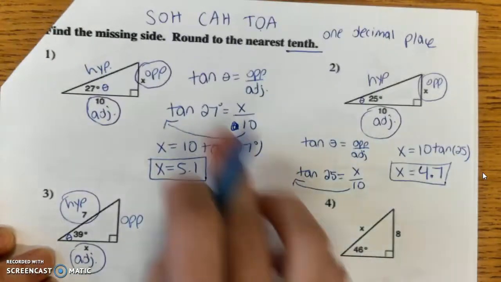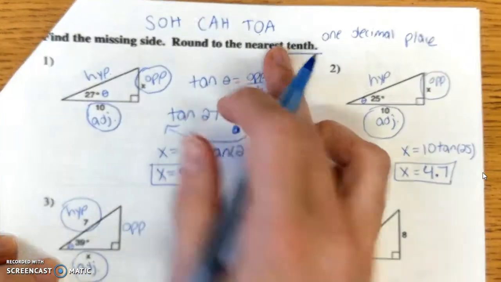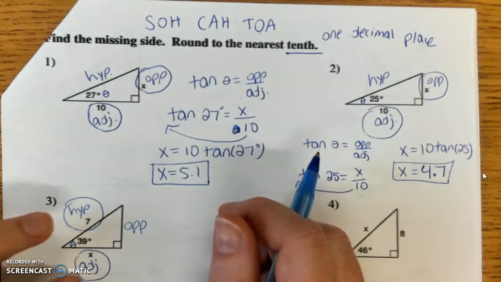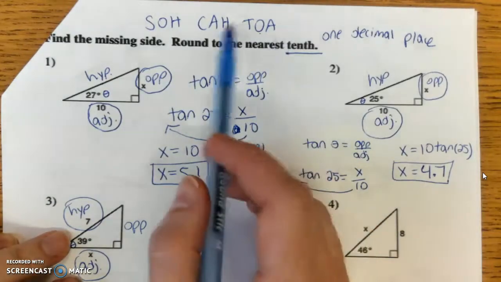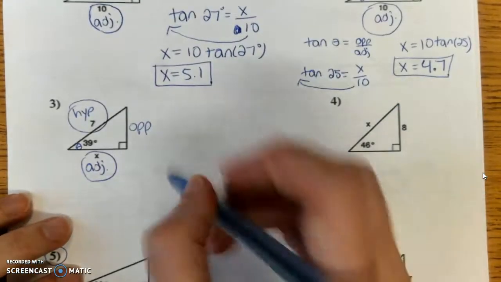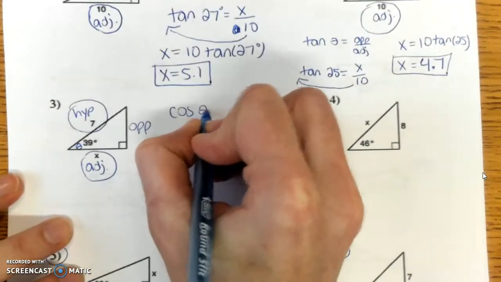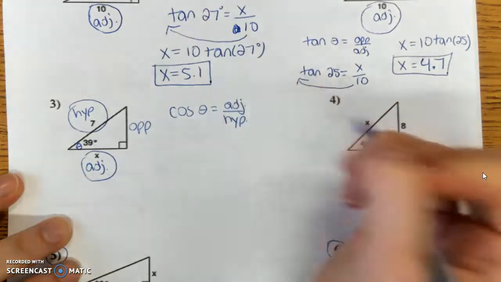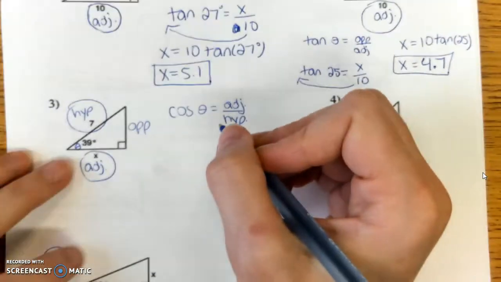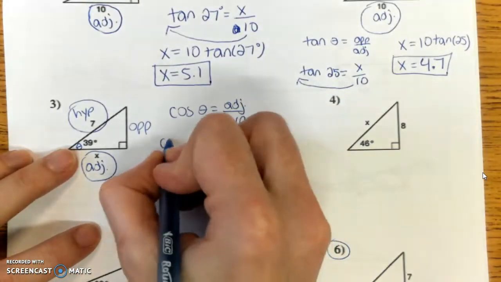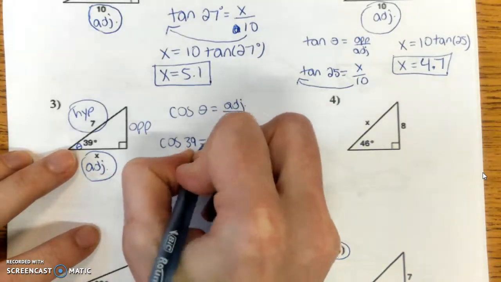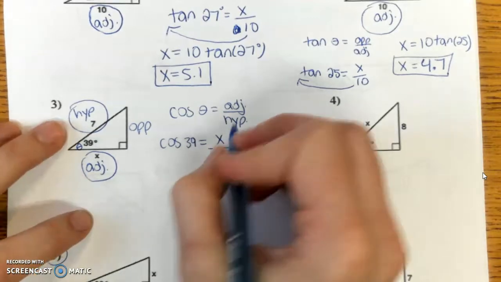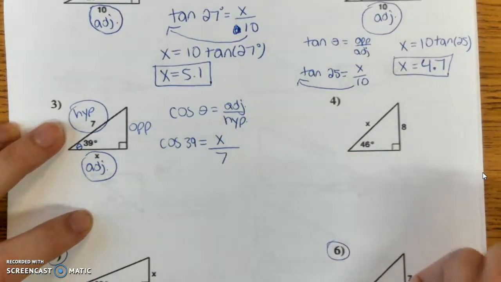All right, so looking back up at sine, cosine, or tangent, which one of the 3 trig ratios uses adjacent and hypotenuse, an A and an H? That would be cosine. So I'm going to start off by writing cosine of theta is equal to adjacent over hypotenuse, just so I know what I'm working with, and I'll plug everything in. My theta is 39, so cosine of 39 is equal to adjacent, which is x, over hypotenuse, which is 7.